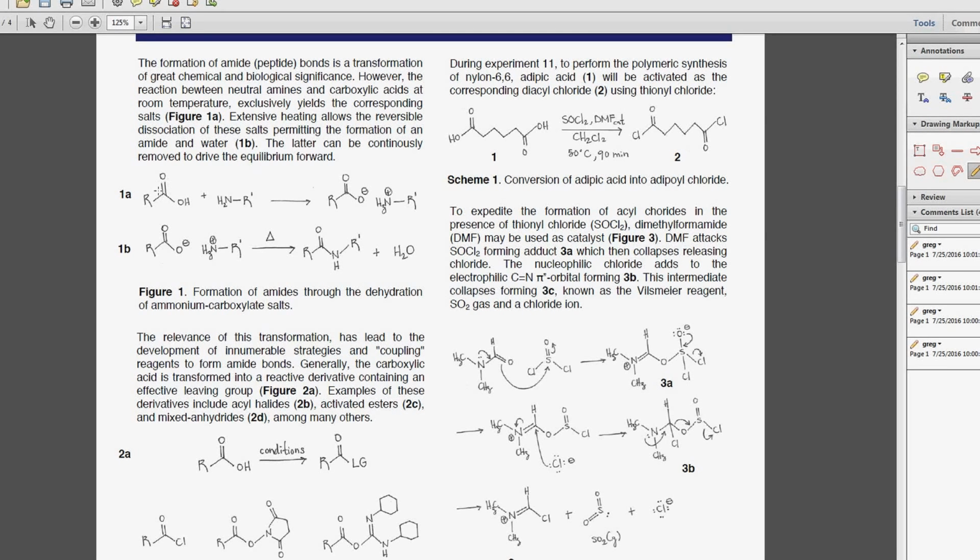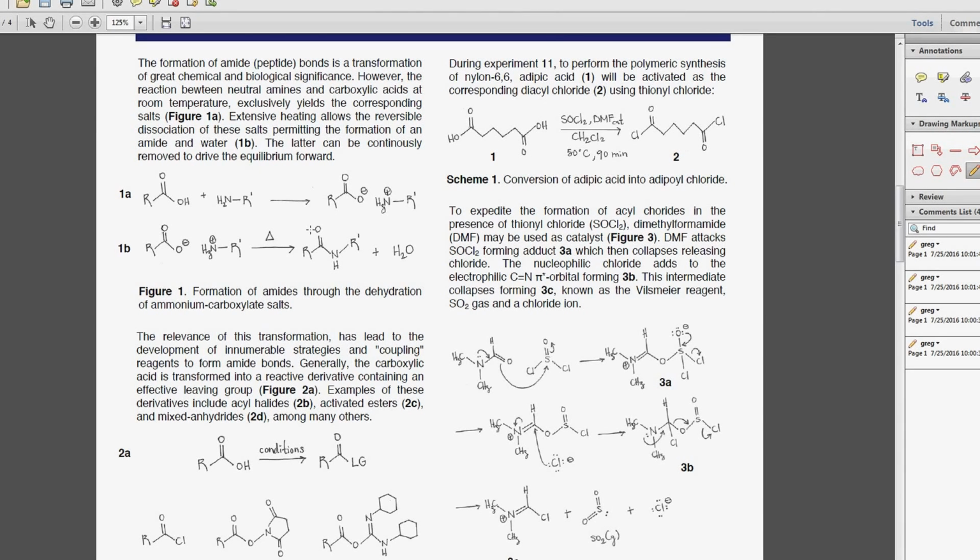So if you just take a carboxylic acid and an amine, they will not spontaneously form amide bonds. They will not go through the nucleophilic acyl substitution reactions. The reason for this is that the first reaction that will take place is an acid-base reaction.